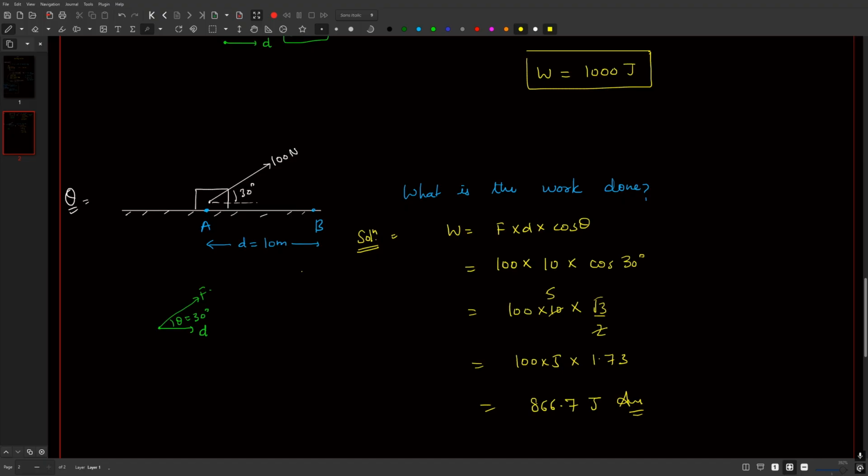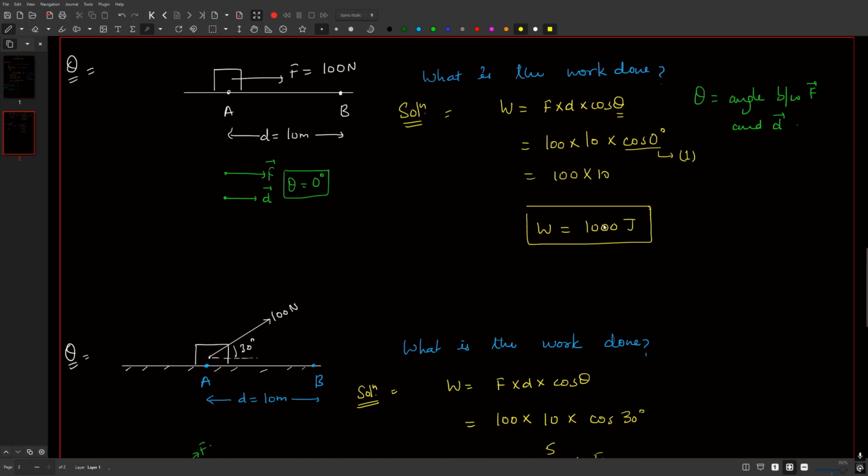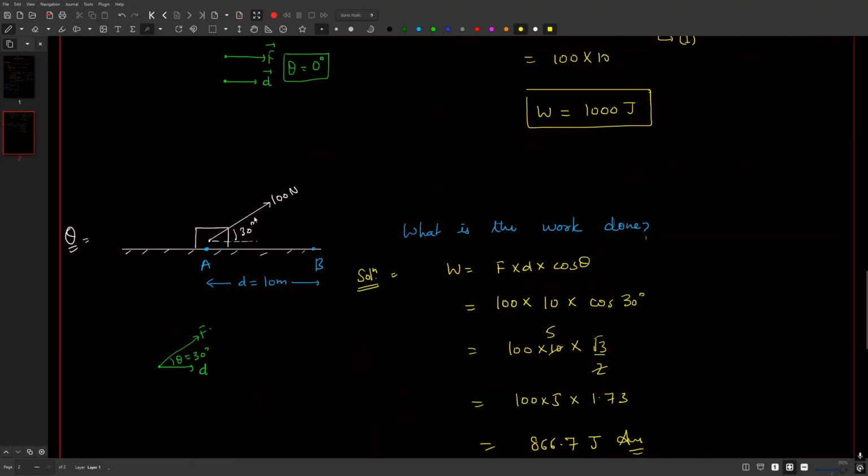Okay, now notice that from the previous example the work done is less, obviously, because the force is acting at an angle. That is why I have this cosine 30 degrees here. If you are familiar with some other expression, such as this one, work done is equal to F parallel times d, in this case you will first need to calculate the parallel component to the displacement and then finally find the work done.